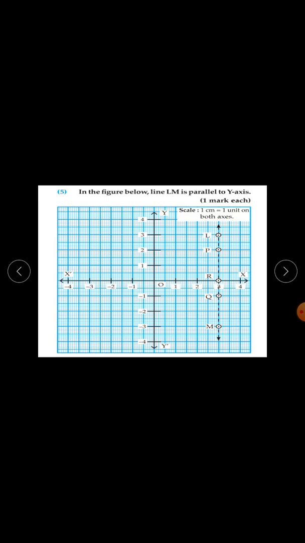For point Q, the x coordinate is 3 and the y coordinate is minus 1. For point R, the x coordinate is 3 and the y coordinate is 0.